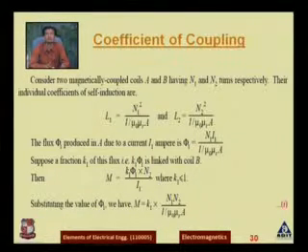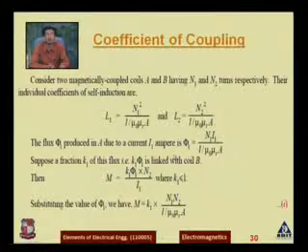We will find their individual self inductances. The self inductance of coil 1 is denoted by L1. So L1 is equal to N1 square divided by reluctance, and similarly for coil 2, L2 is equal to N2 square divided by reluctance. Reluctance is equal to L divided by mu naught mu r into A. It is similar to resistance in an electrical circuit, right?